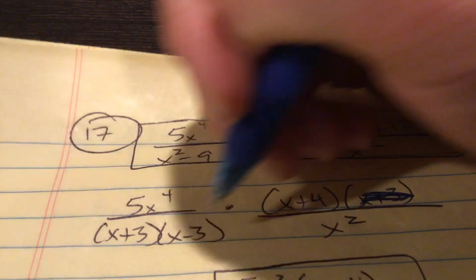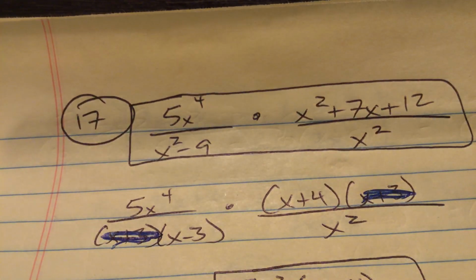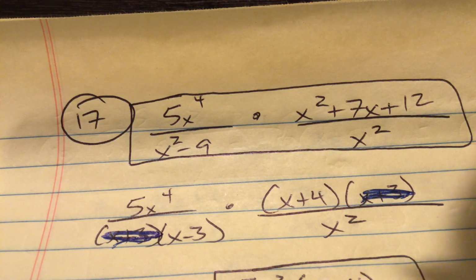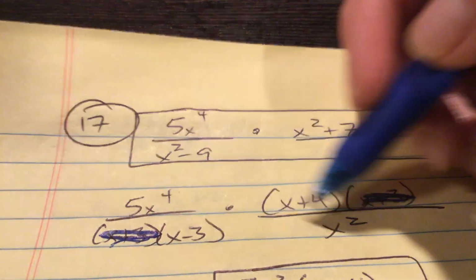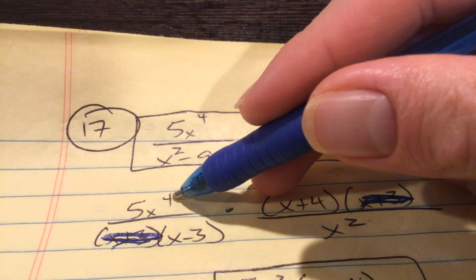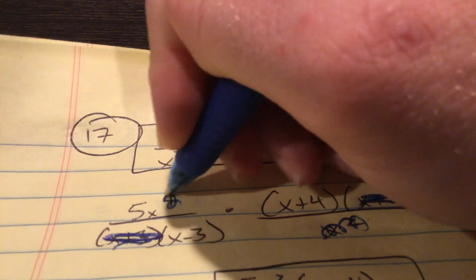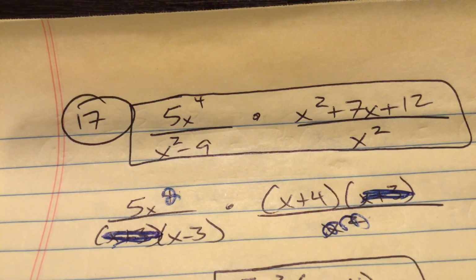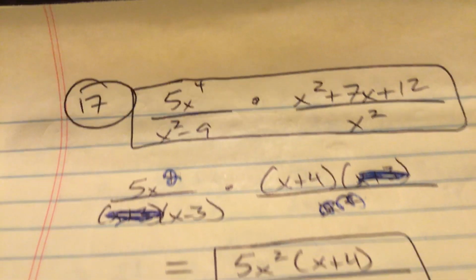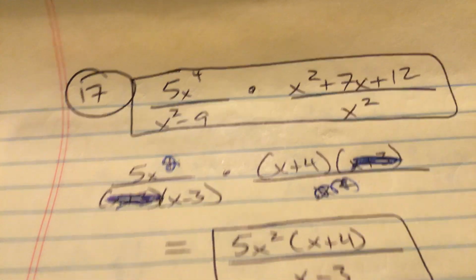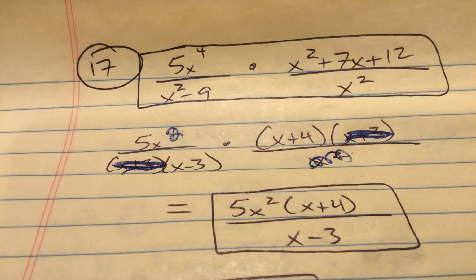Cancel out the x plus 3's. Then look at x to the 4th over x squared. The top has the higher power, and it has, like we said in class, 2 more x's there. So up top, you're left with 5x squared times x plus 4 over x minus 3 would be your final answer.